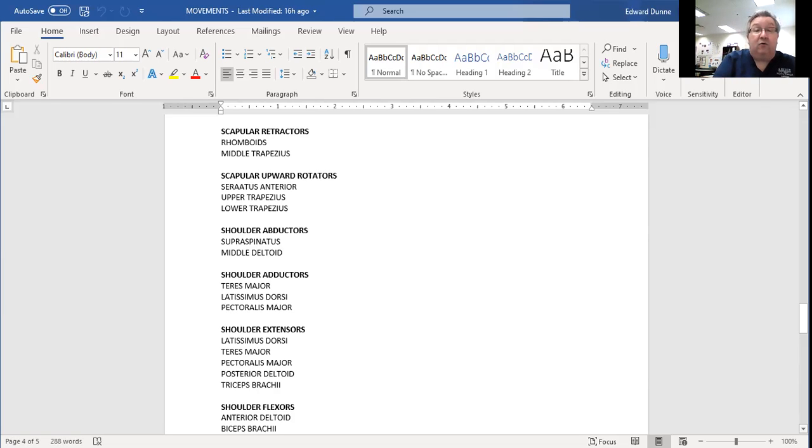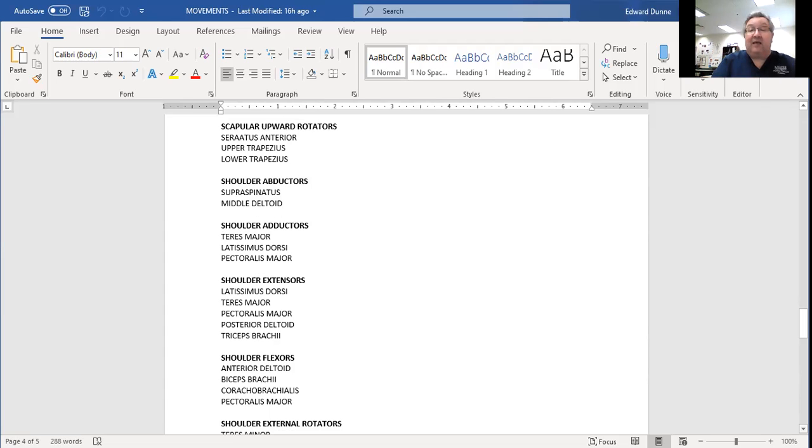The final movement of the scapula is scapula upward rotation. So again, these three muscles work together to rotate the scapula in an upward fashion. And that upward rotation is very, very important. And we'll talk about it when we're discussing movement of the shoulder. The three muscles that work together in upward rotation are the serratus anterior.